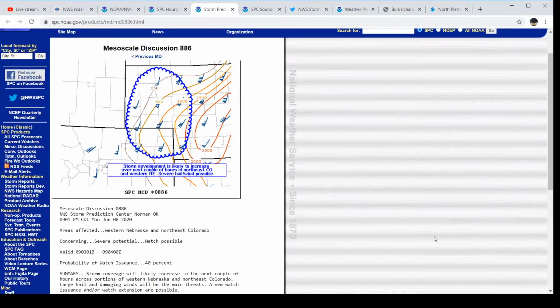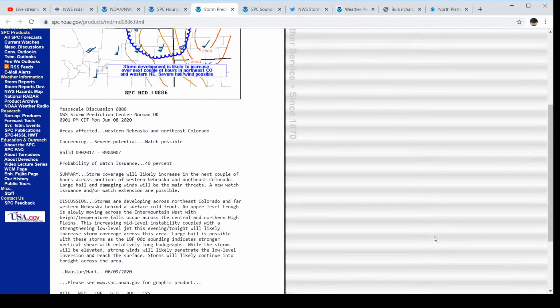Storm development is likely to increase over the next couple hours. Okay. So the low level jet this evening and tonight will likely increase storm coverage across this area.